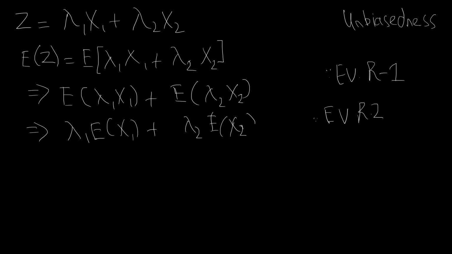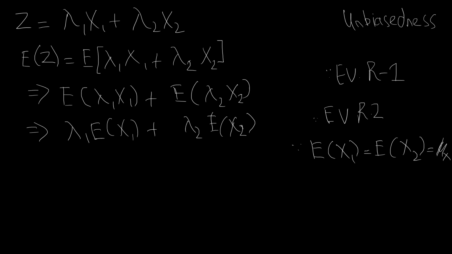So lambda 1 times the expected value of x1 plus lambda 2 times the expected value of x2. Now, if you have gone through my previous lectures where we discussed the double structure of a random variable, we can recall that as a beforehand concept, the expected value of x1 is equal to the expected value of x2, which is equal to mu x.